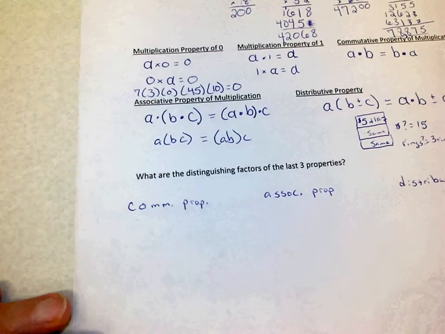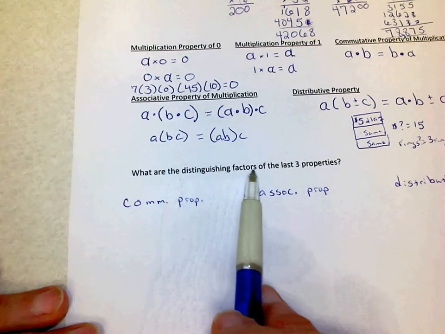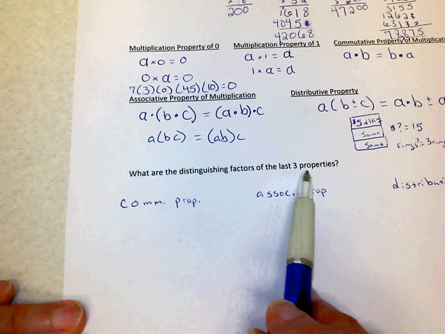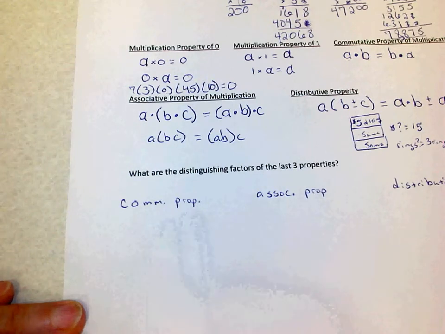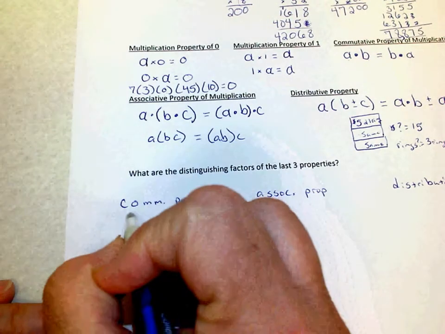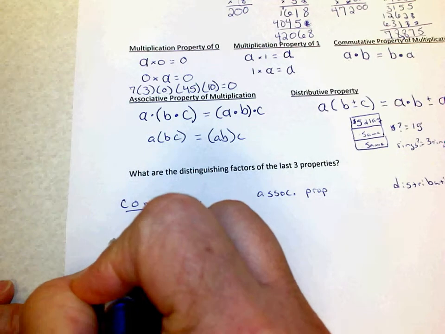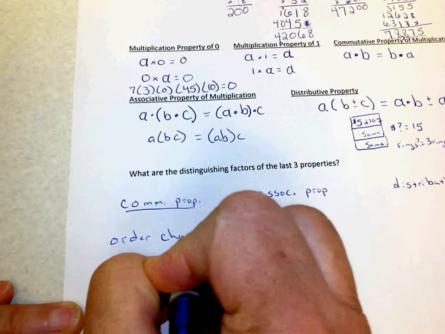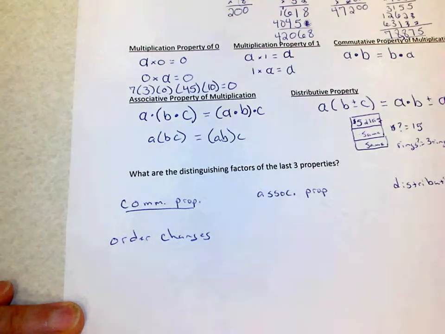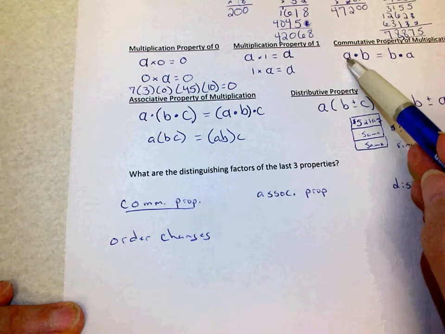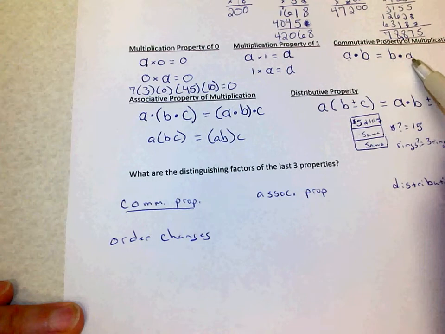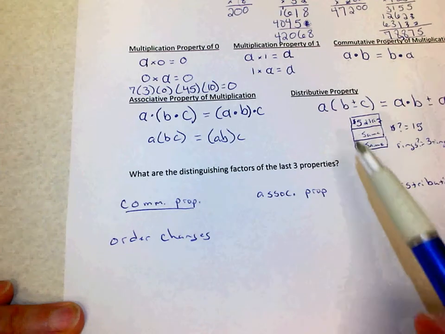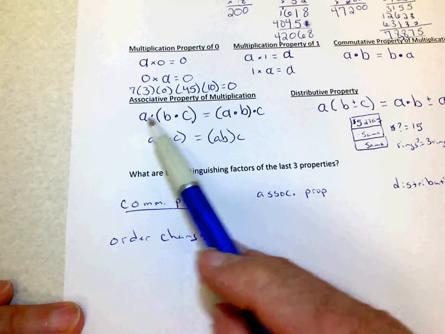Now, what are the distinguishing factors of these last three properties? Well, with the commutative property, the order changes. Notice AB but BA. Now on the associative property, ABC, ABC.